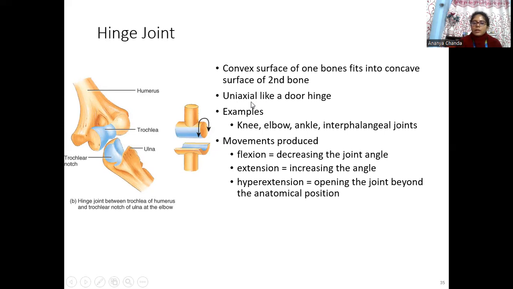It is uniaxial, that is one direction, like a door hinge. Examples are the knee, elbow, ankle, and interphalangeal joints. Movements produced are flexion, decreasing the joint angle, extension, increasing the angle, and hyperextension, opening the joint beyond the anatomical position.